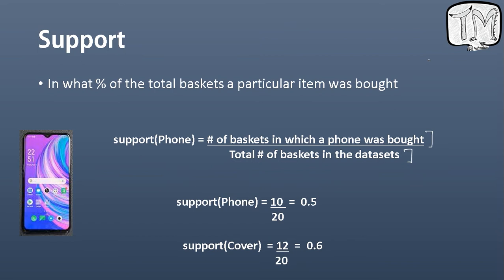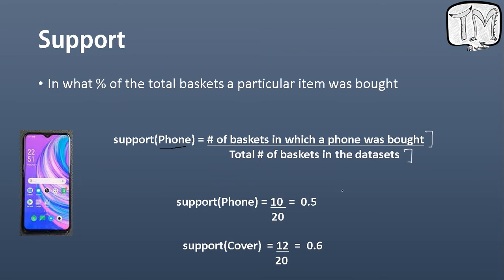Then the support is 50 divided by 100, or 50%. Similarly, in our case, for the highlighted phone, let's say we had 20 total baskets, and in 10 baskets the phone was bought, so our support is 0.5. Similarly, for the cover, our support is 0.6.